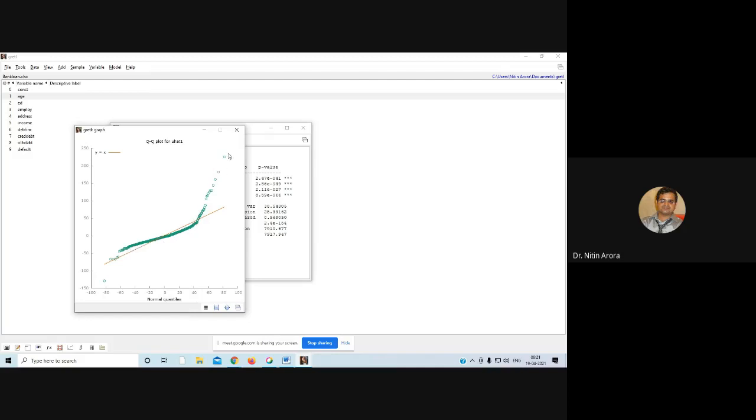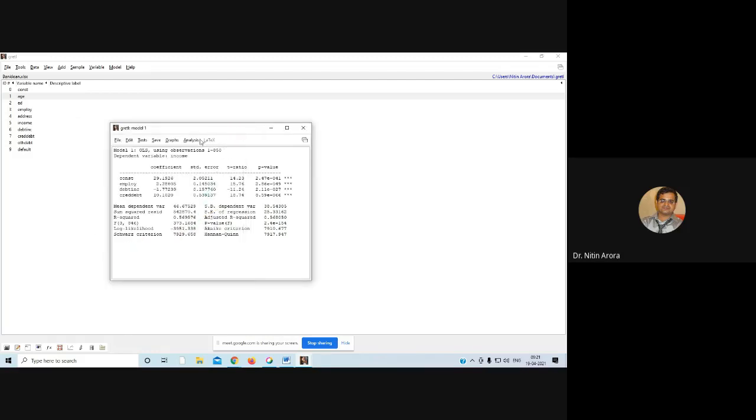Less convergence means less normality. You can see there are many outliers here at the tail. Up to this point, residual is converging to the normal line, that red line. But after this, there are many outliers.